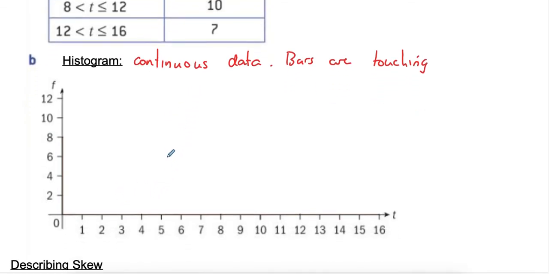However, the good news for you is that at IB, the histograms will always have even class intervals.